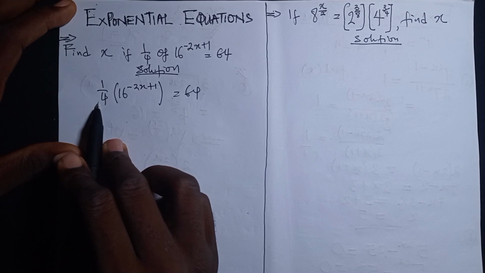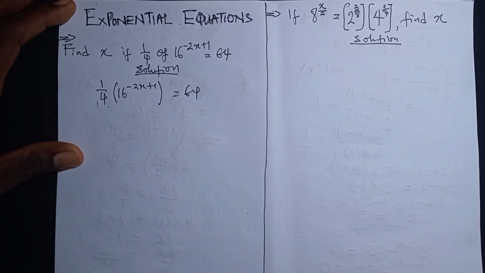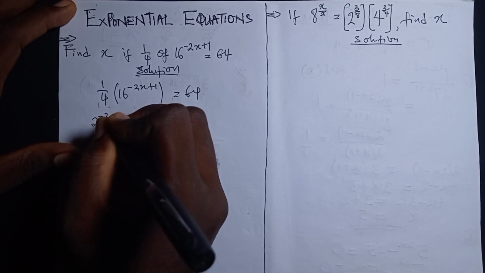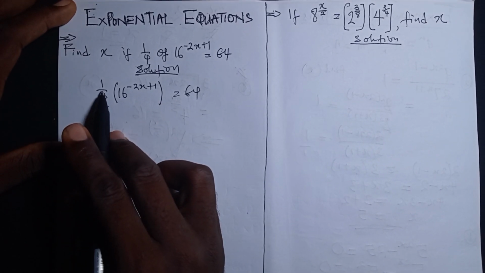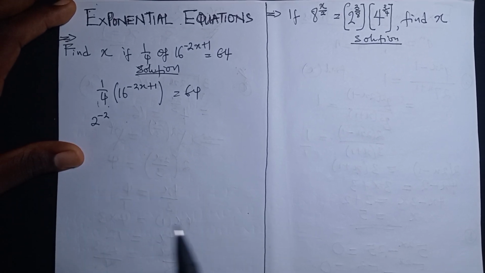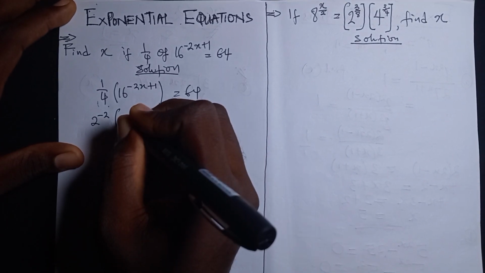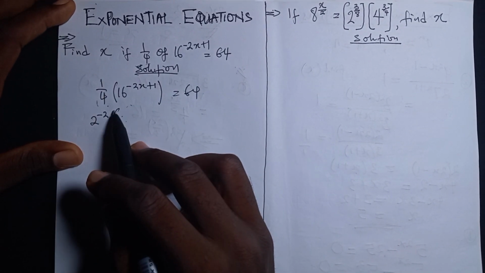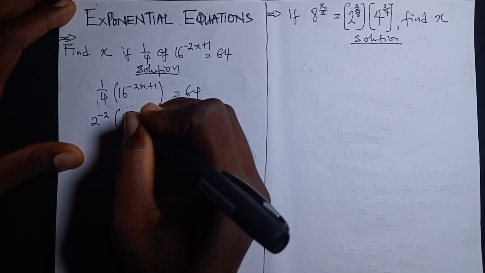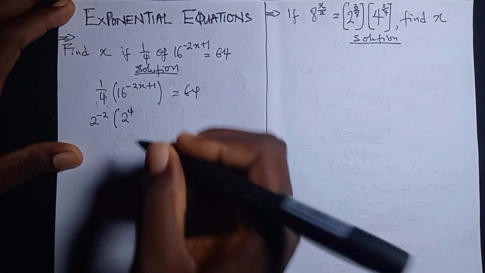So solving further, we have to simplify this 1 over 4 as a form of indices, like 2 raised to power minus 2 is equals to 1 over 4, because it is 1 over 2 raised to power 2, which is 1 over 4. So in bracket, we have 16, convert 16 to 2 raised to power 4. 16 is 2 raised to power 4, remember.